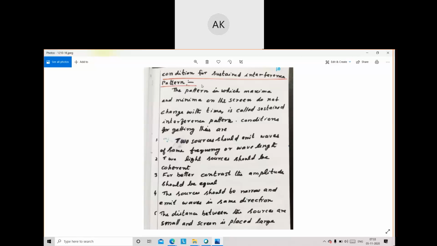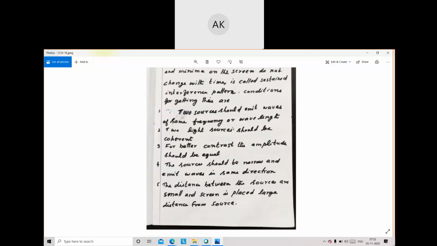Yesterday I showed one pattern, a green color fringe, then a dark region, again a green color fringe, like that. And what are the conditions needed for getting a sustained interference pattern?